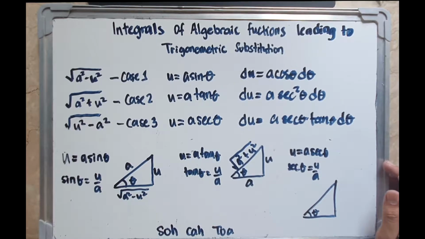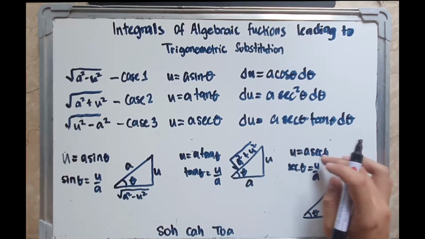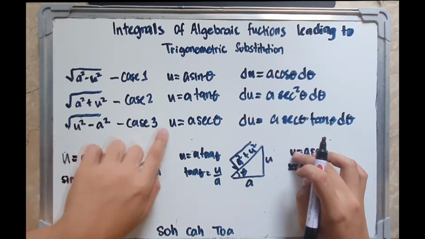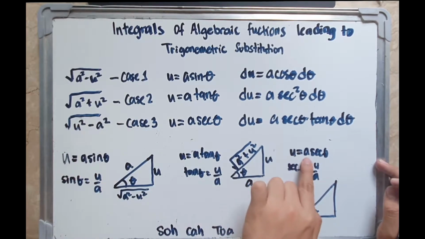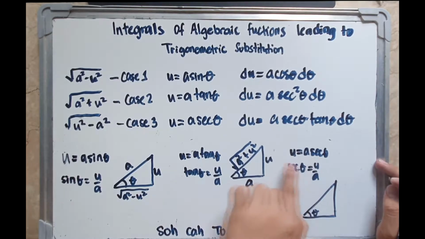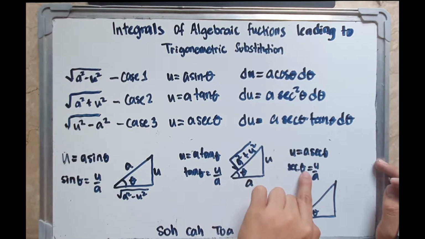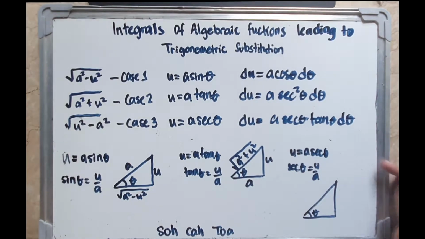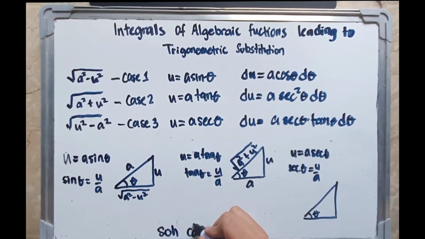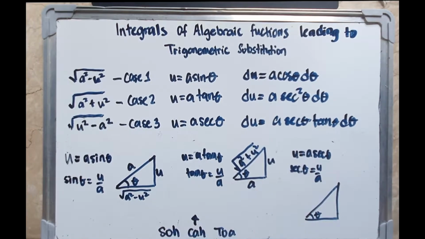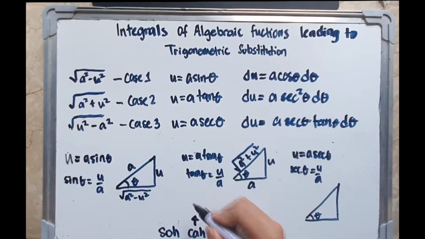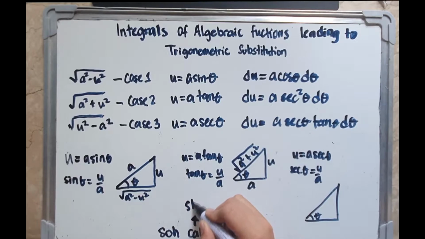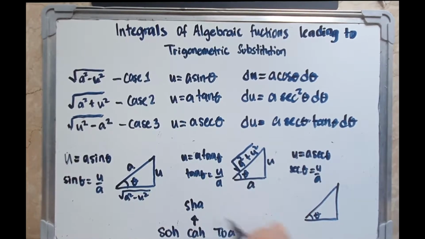Now, lastly, let's have the secant theta. Okay, so case number 3, u is a secant theta. Now, if we divide both sides by a, we now have secant theta as equivalent to u over a. So, secant theta comes from the inverse of cosine theta, which is hypotenuse over adjacent.